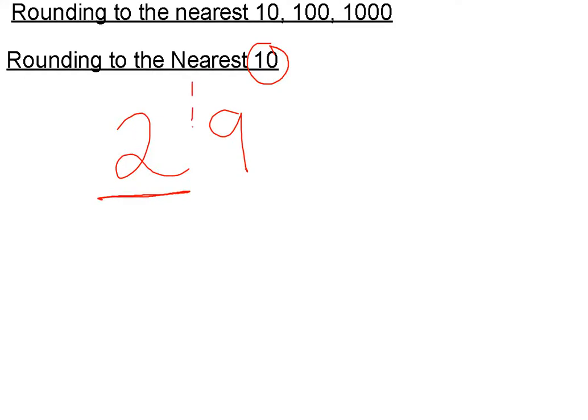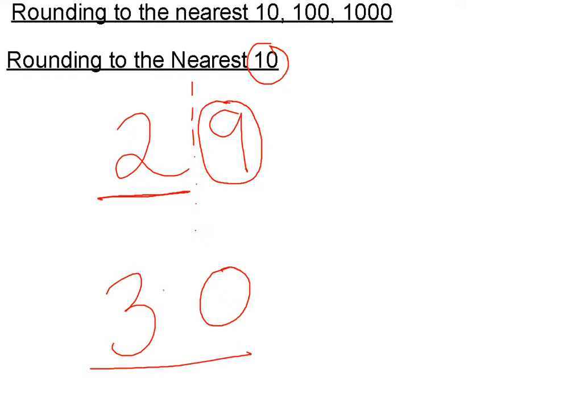We then draw a dotted line, and the number in the units column tells us whether to round up or to round down. Remember the rule. If we have 5 or more in the units, we're going to round the 10 up. So the 9 will tell the 2 to round up to 3. And everything after the dotted line is still 0, so our answer would be 30. That's 29 to the nearest 10.